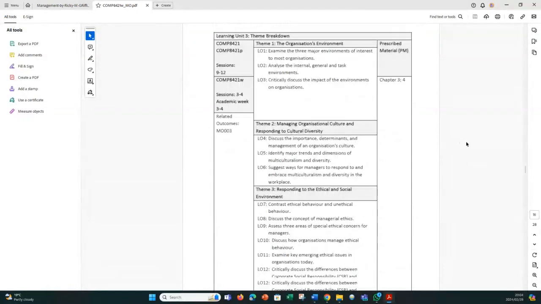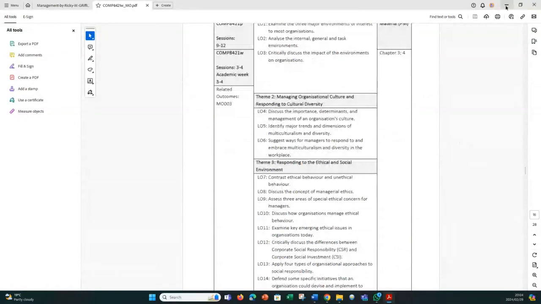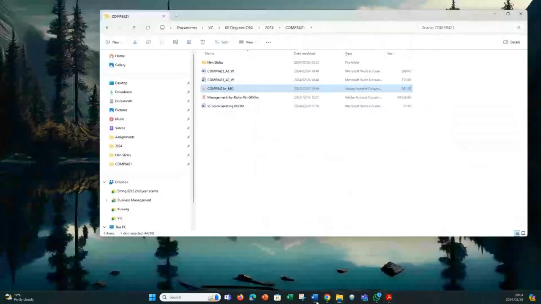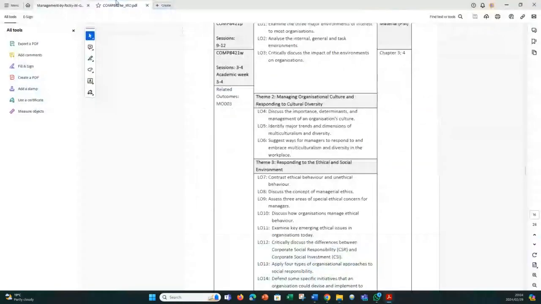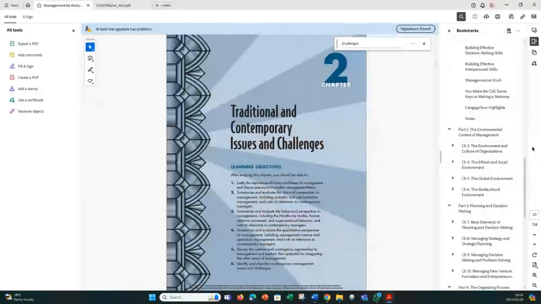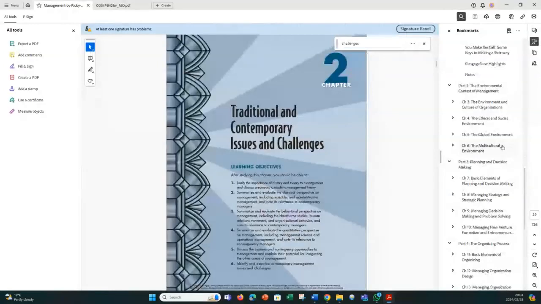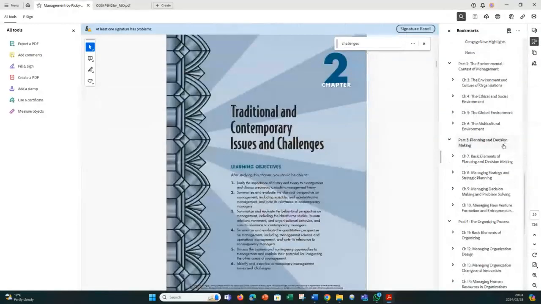Sorry, Georgia, just give me some chapter 8, Learning Unit 2. Is that in the electronic version as well? What is chapter 8 called? Georgia, in the textbook, what is it called?